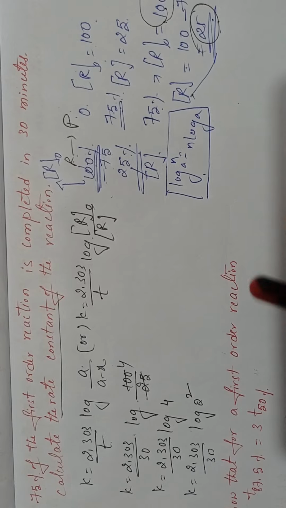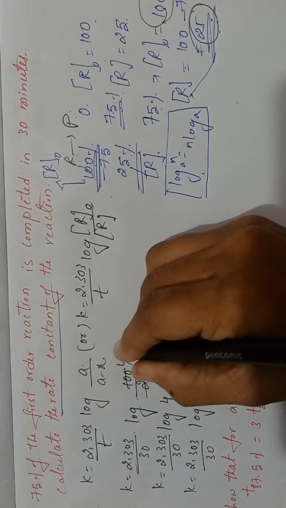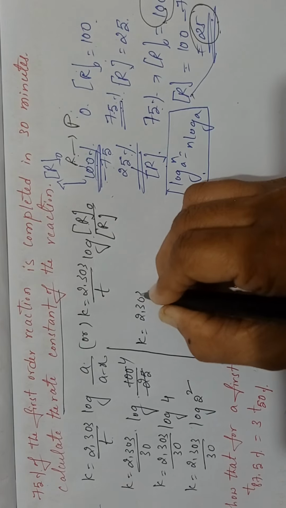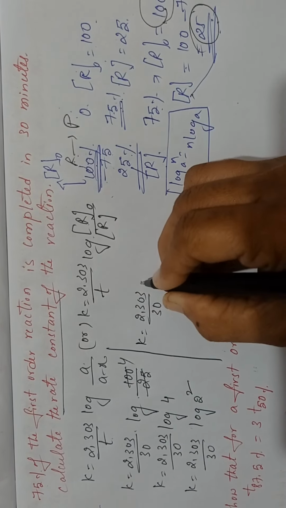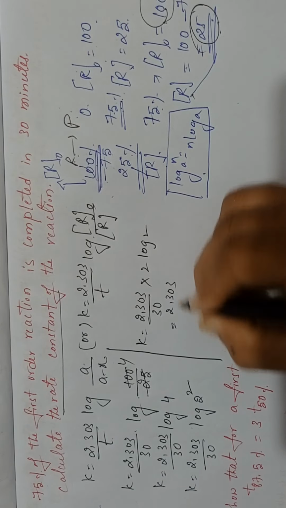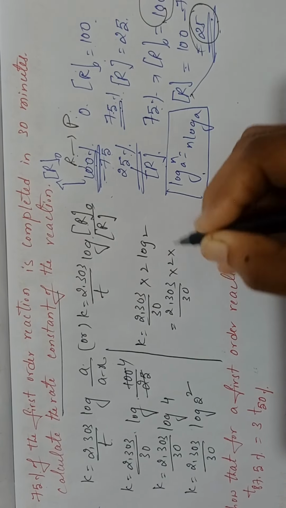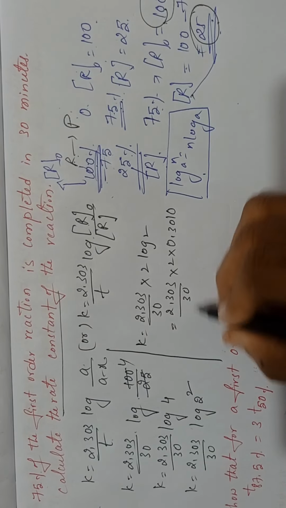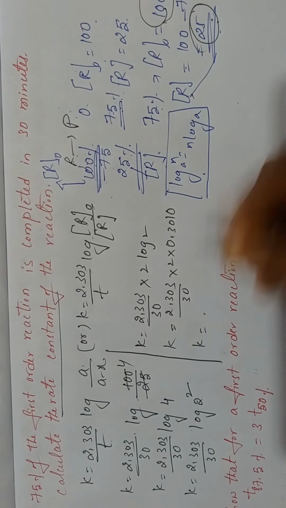Clear? So then what will you get? See here, what will you get? K is equal to 2.303 by 30 into 2 into log 2. Correct? 2.303 by 30 into 2 into log 2 value, 0.3010. Correct? Now calculate the value, students. You will get the answer.